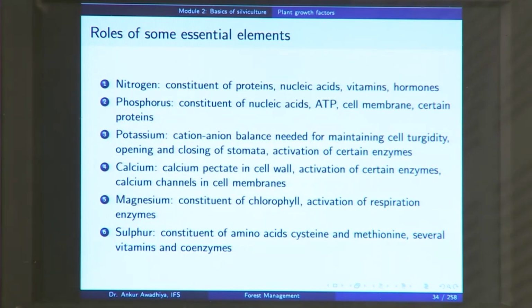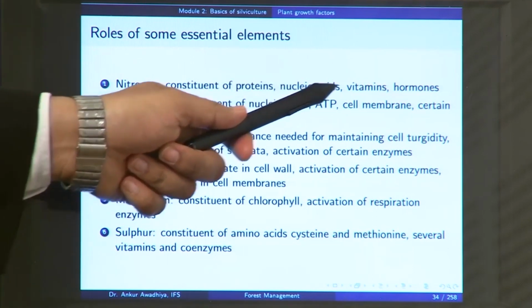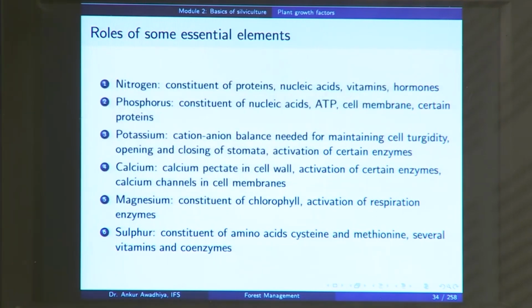So, nitrogen is an essential element, because if you do not give nitrogen to a plant, the plant will die off very quickly. It cannot be replaced by any other element, and this element is directly involved in the metabolism, in the formation of proteins, nucleic acids, vitamins and hormones.